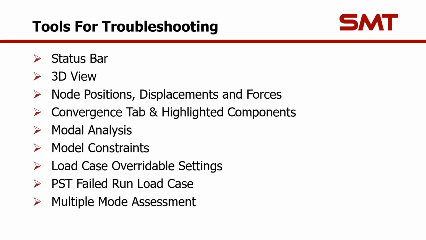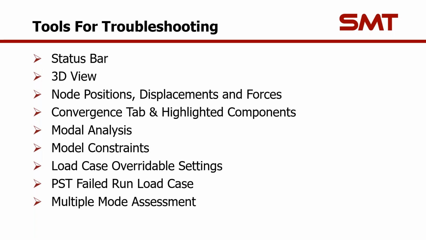It may be down to a power flow issue. It may be down to a system deflection problem. It could be any of those. So it's well worth double clicking on the status bar and going back in the chain to find the analysis where the model has actually failed.